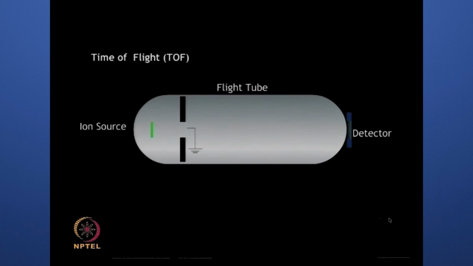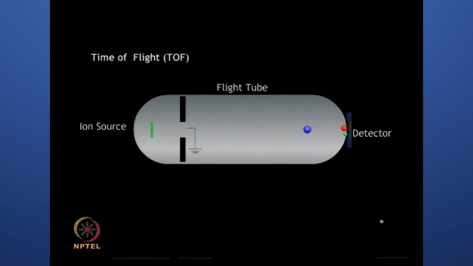The time of flight analyzer accelerates charged ions generated by the ionization source, MALDI, along a long tube known as the flight tube or TOF. Ions are accelerated at different velocities depending on their mass to charge ratios.